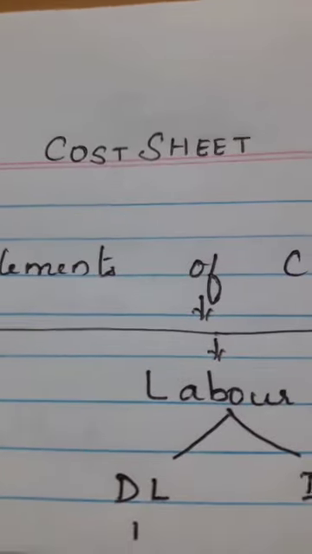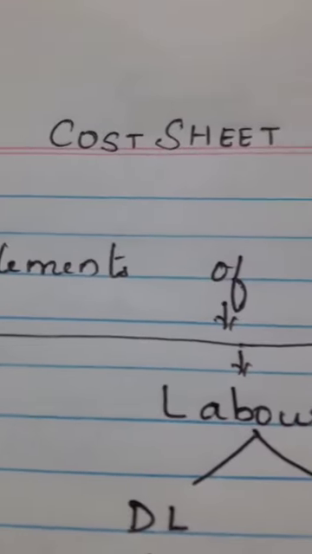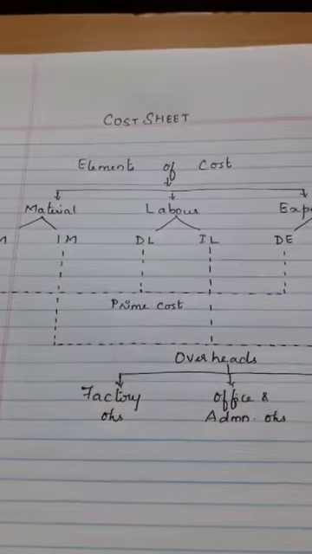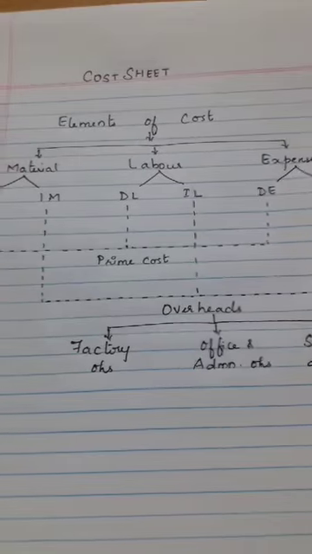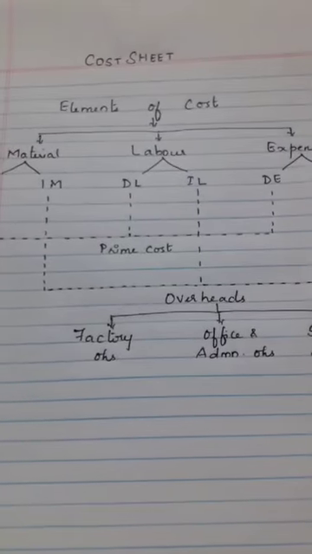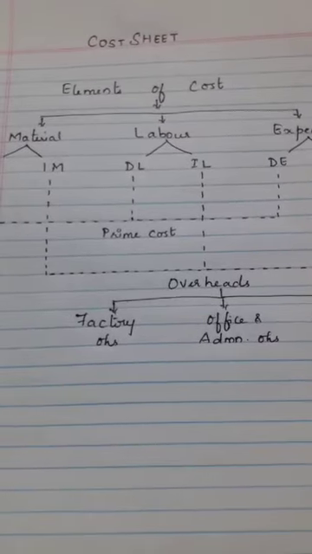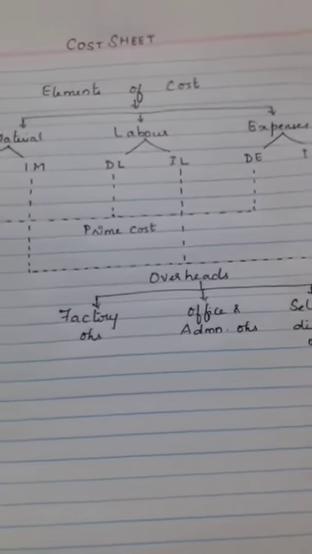Right. So once you decide to learn cost sheet, you will have to be very clear about the elements of cost, which play a very major role in the cost sheet. Elements of cost are classified into three: material, labor and overhead.